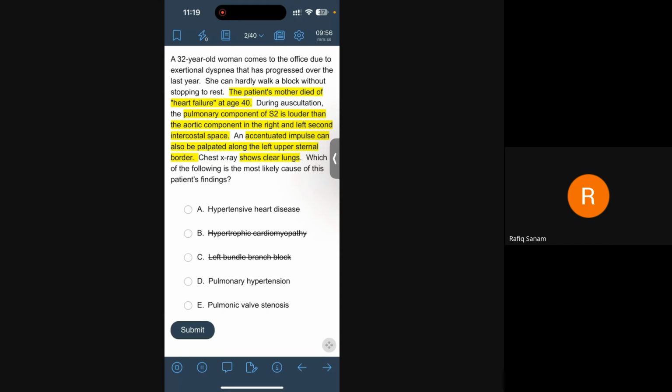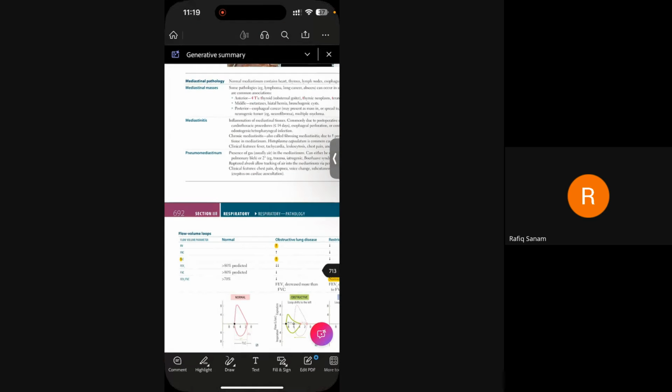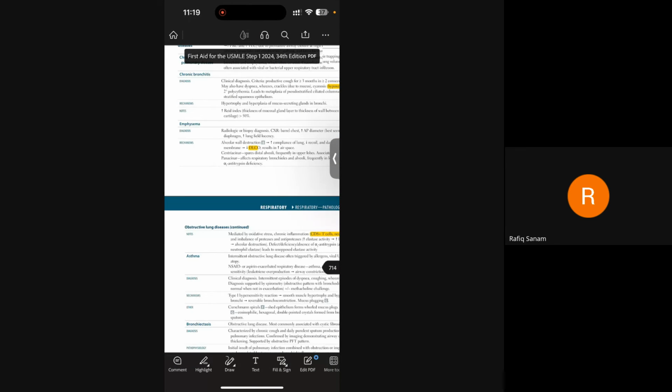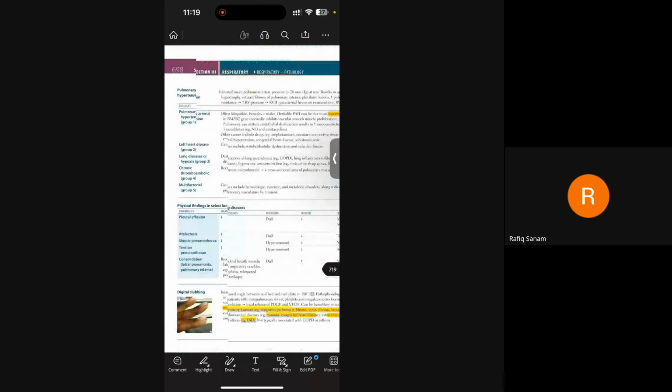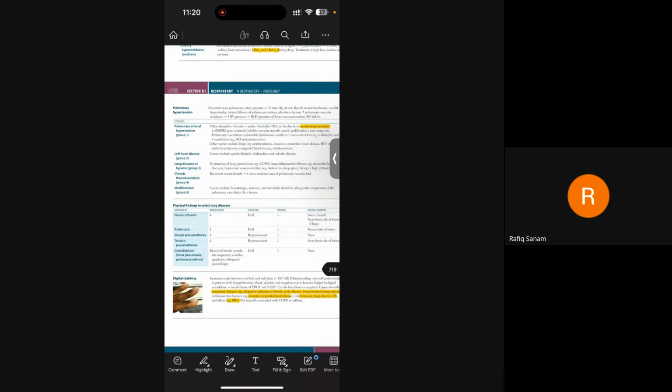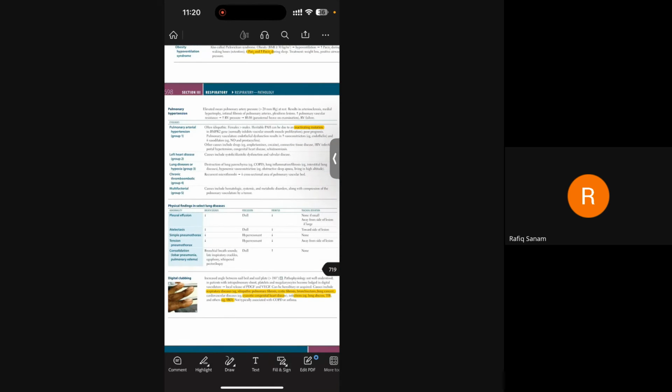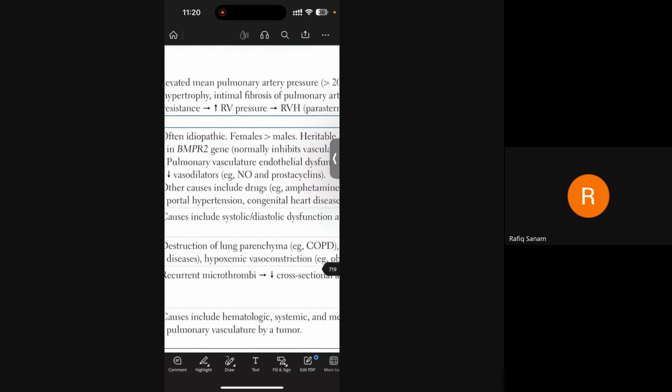Now we are left with two options: pulmonary hypertension and pulmonary valve stenosis. Let's open the pulmonary hypertension topic. Remember this: it is often in females more than males. Our patient is a female.